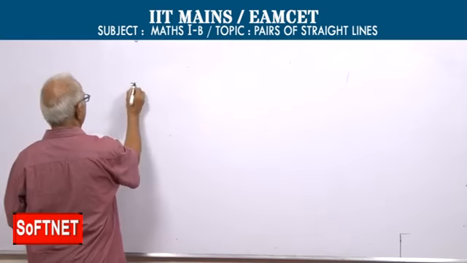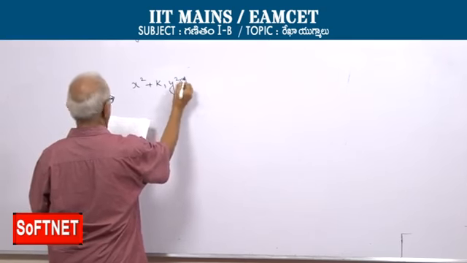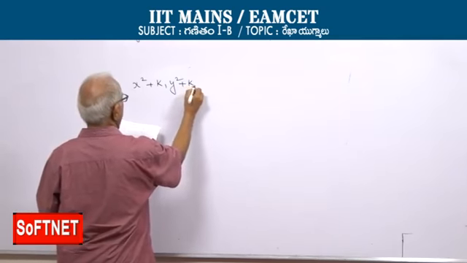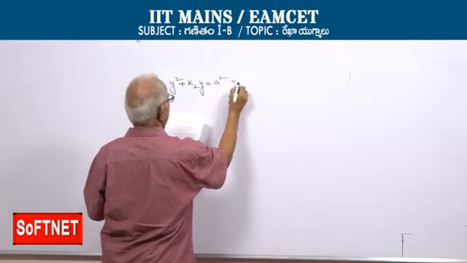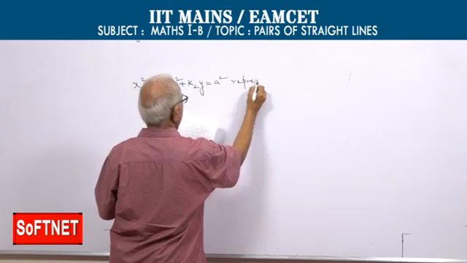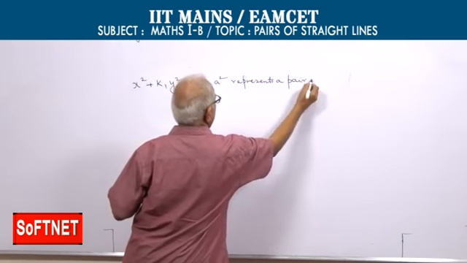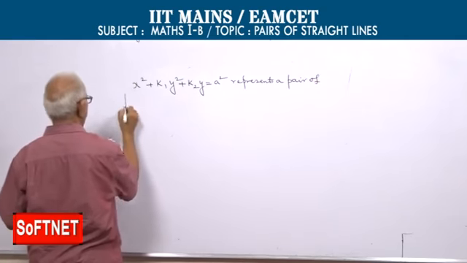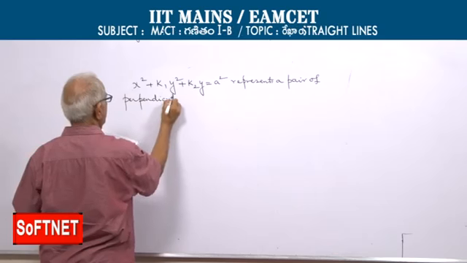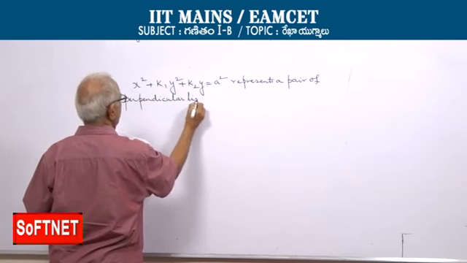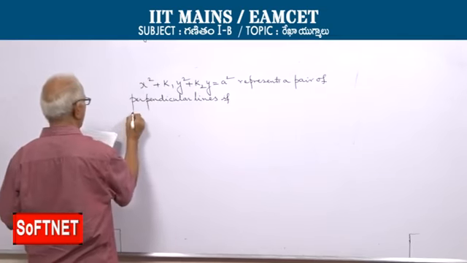Next question. The equation x square plus k1 y square plus k2 y is equal to a square represents a pair of perpendicular lines if... the options are here.